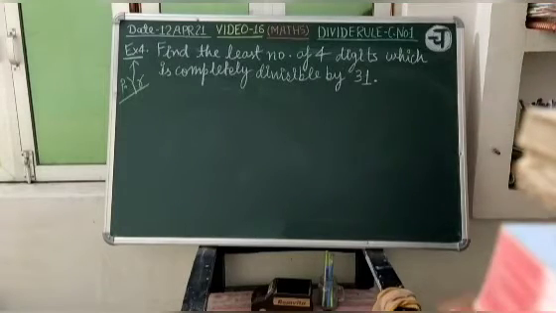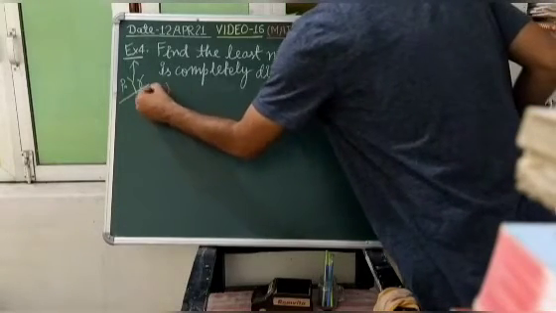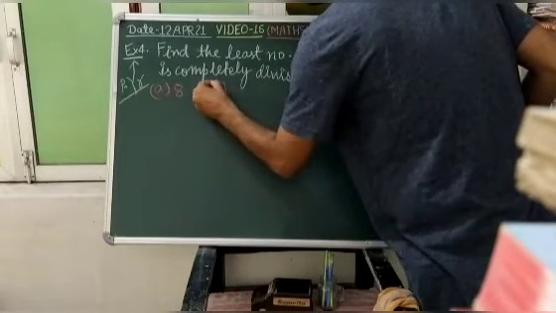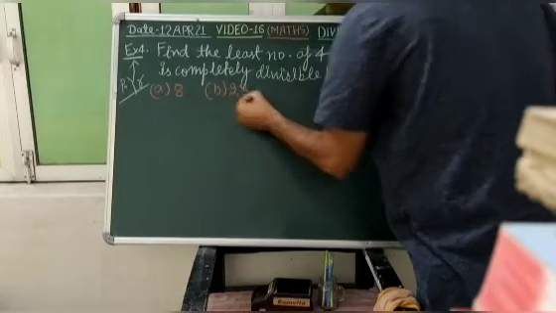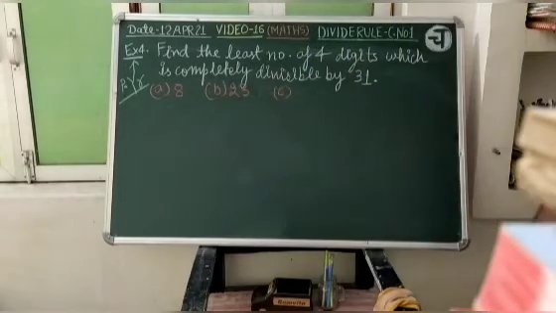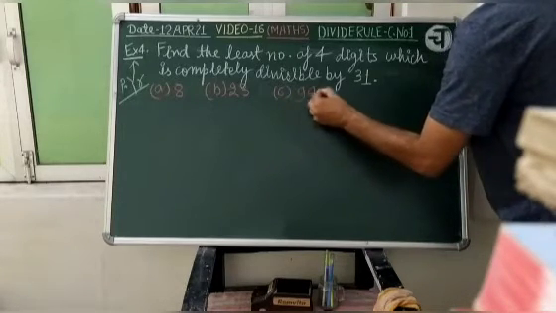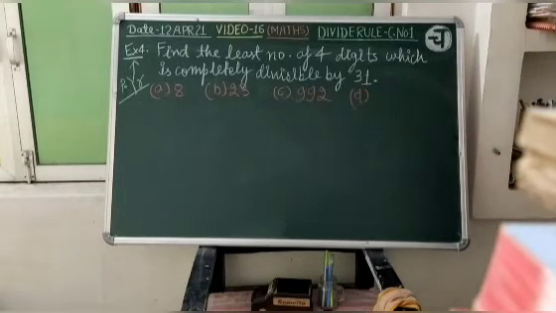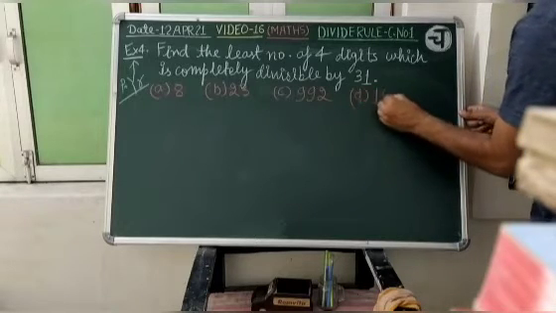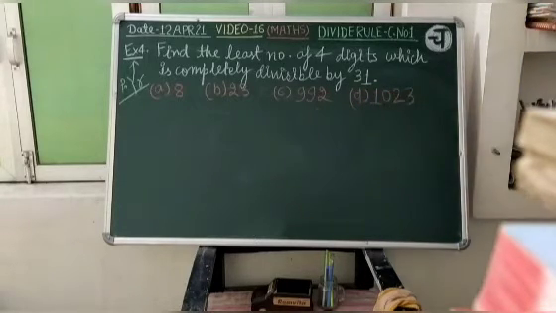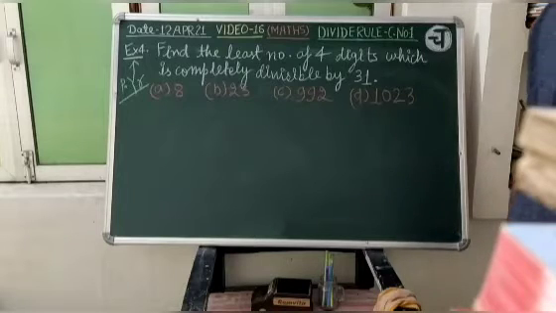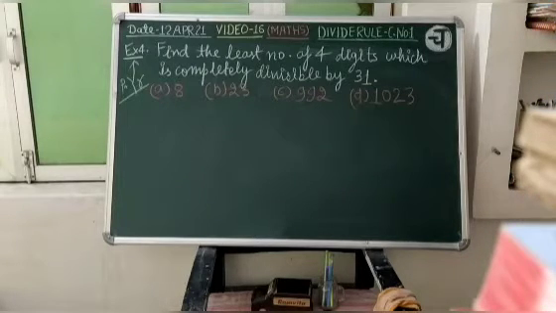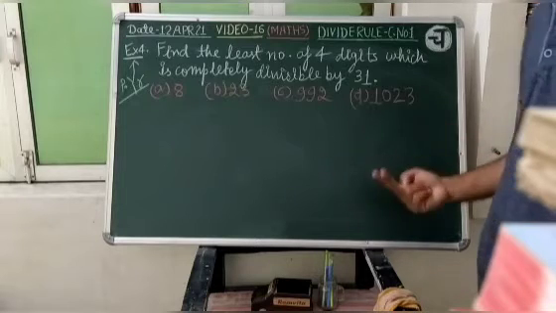In the previous year problem, they will give you the question like this, and you can select the options as well. Your options are: A is 8, B is 23, C is 992, and D is 1023. What will be the answer? I'm giving you 2 minutes.